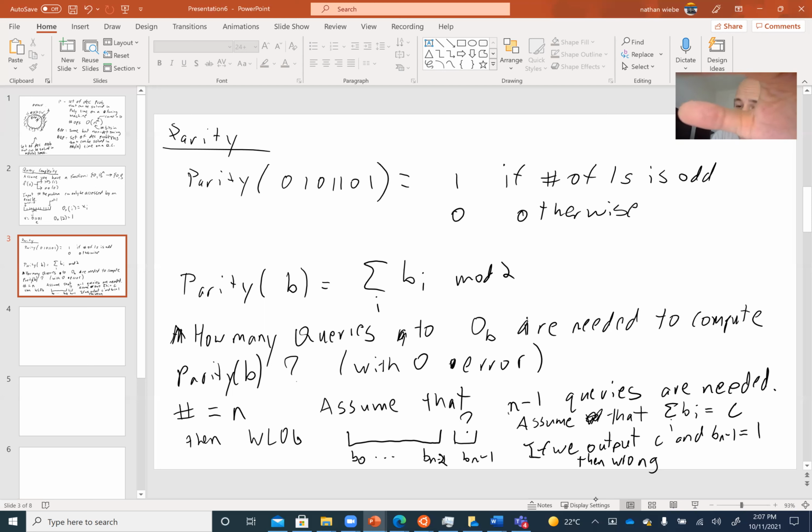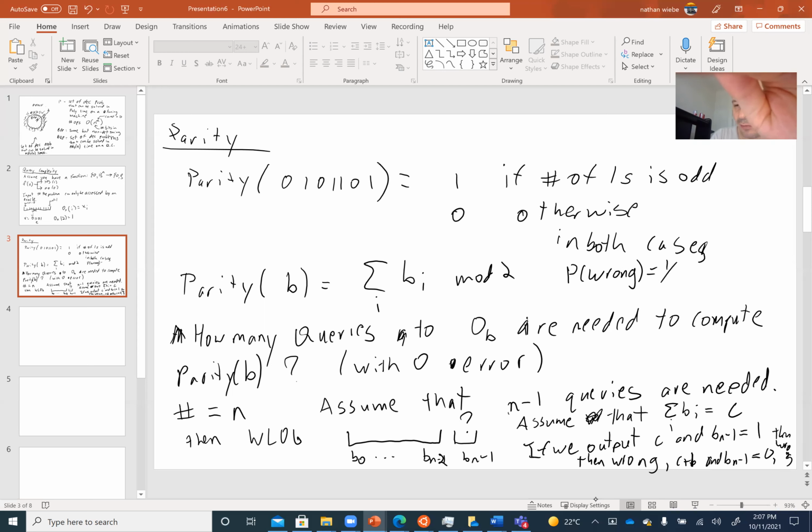Then assume we output C plus 1 and B_{n-1} is equal to 0, then wrong. And we see from this that in both cases, the probability of guessing wrong equals 1/2, which implies that n minus 1 queries are not sufficient.